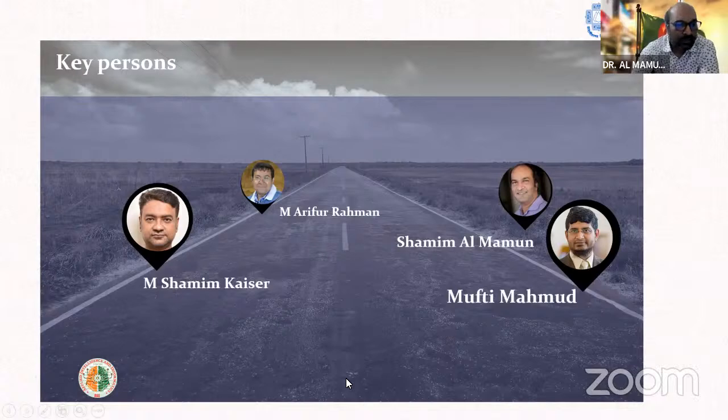All the key persons are working in various fields. I'm working in health and visual disease detection. Shamim Kaiser works on health informatics. Mufti works on deep learning, and Arifur Rahman is working on framework establishment. So it's genuine collaborative work running in our lab.